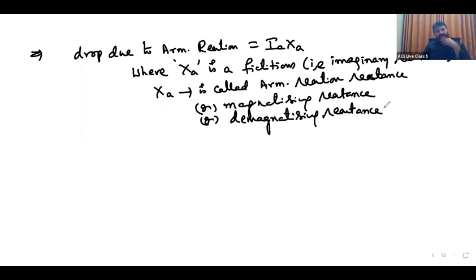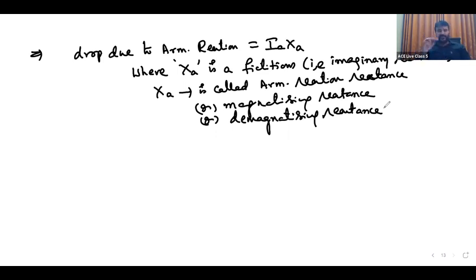The armature reaction causes some drop of voltage, no? Armature reaction causes some drop of voltage or rise. Normally it causes a drop because the power factors are lagging. But how can you represent the drop? The drop can be represented either as a resistance or a reactance.